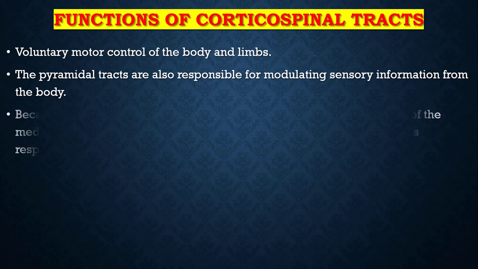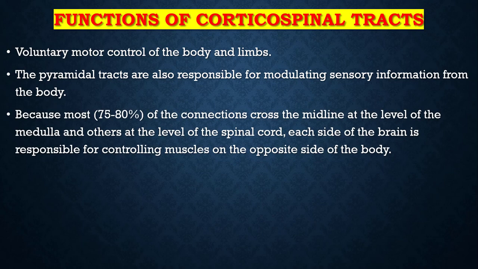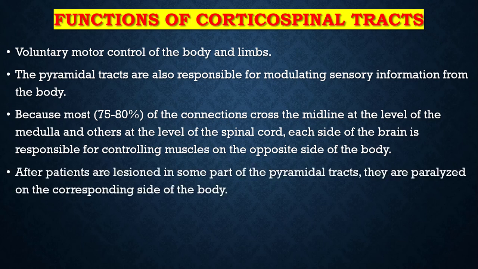Because most, 70 to 80%, of the connections cross the midline at the level of the medulla and the others at the level of the spinal cord, each side of the brain is responsible for controlling muscles on the opposite side of the body. After patients are lesioned in some part of the pyramidal tract, they are paralyzed on the corresponding side of the body.